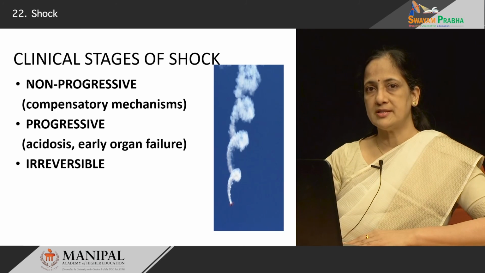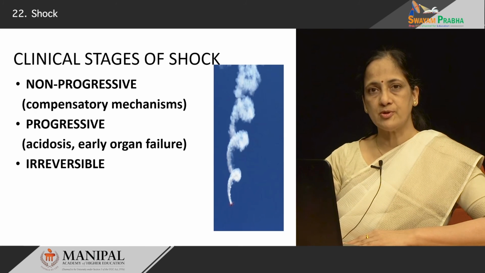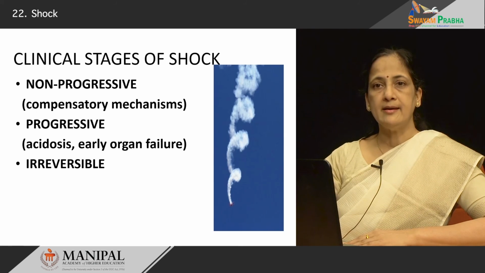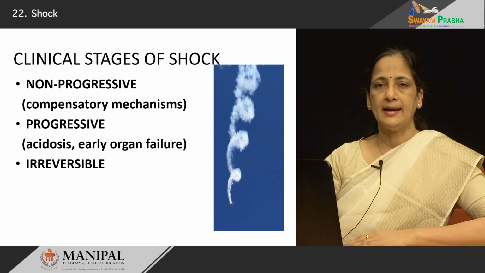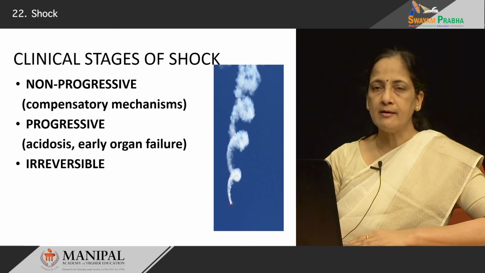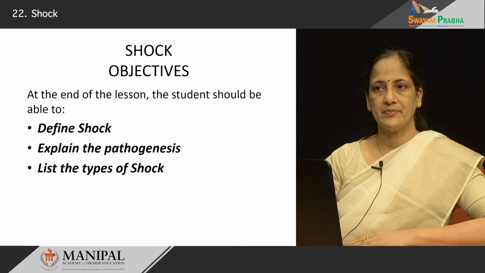However, if the causative factor continues and the cell injury persists because of progressive acidosis, then there is a stage of reversible cell injury, and further acidosis and hypoxia will result in cell death in a variety of organs, and at that point the process is irreversible and invariably fatal to that patient.